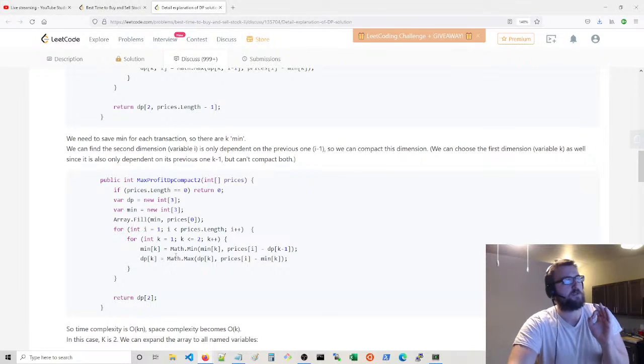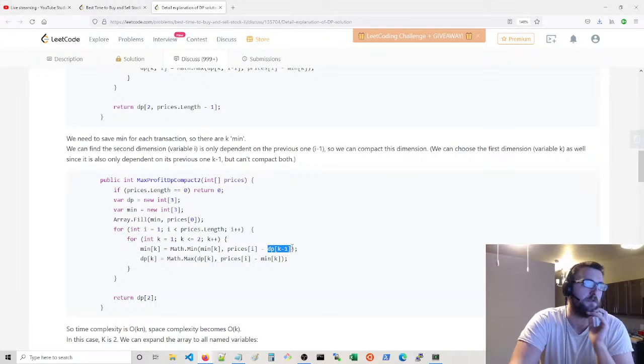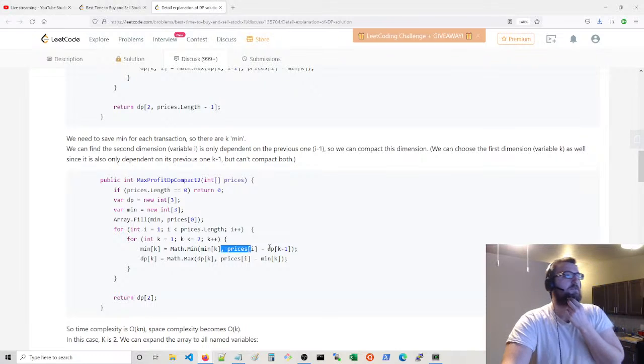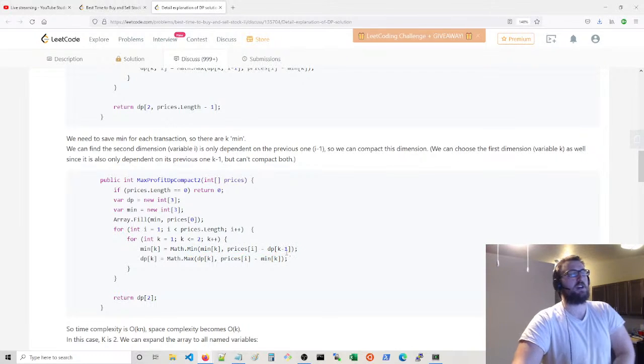We consider dp of 2. We now look at dp of 1, which changed, and there's some delta now. Now there's this price and dp of 1, and I would contend that if you take the difference between the new price and delta and this new dp of 1, that won't change the minimum. It's going to give you the same calculation that you had previously.